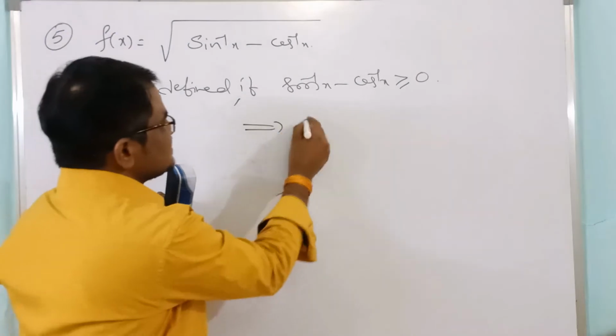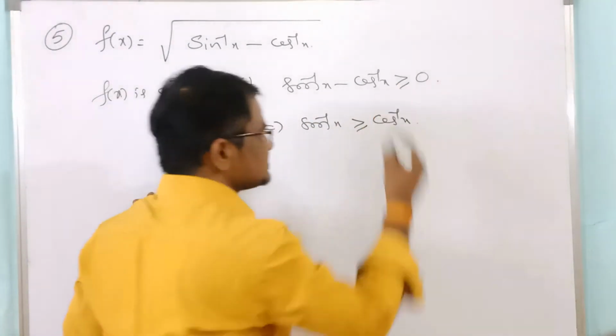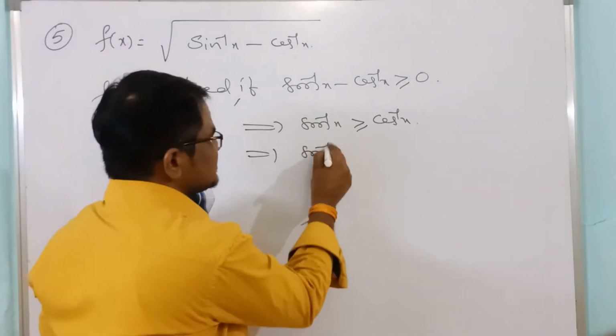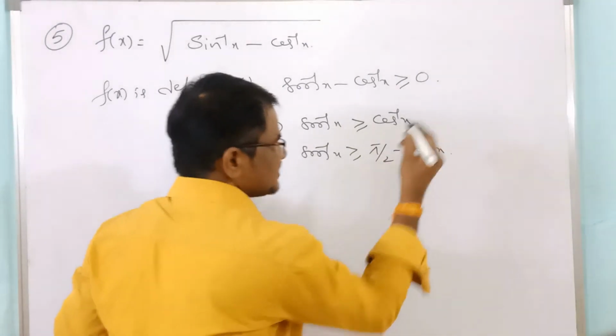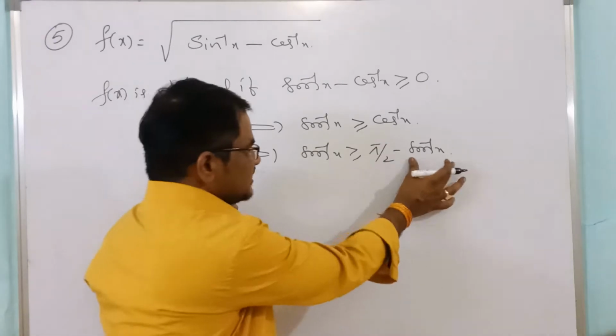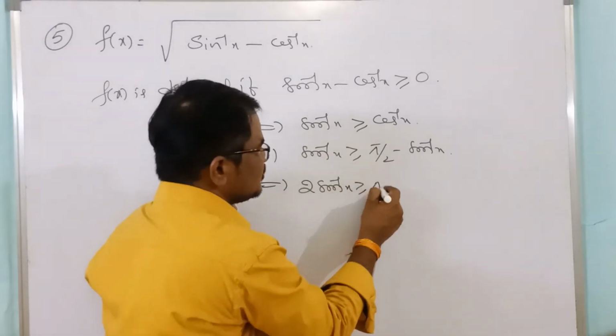Now that implies sin inverse x greater than or equal to cos inverse x. Can you write this as pi by 2 minus sin inverse x? Because sin inverse x plus cos inverse x equal to pi by 2. Take this one to this side: 2 sin inverse x greater than or equal to pi by 2.